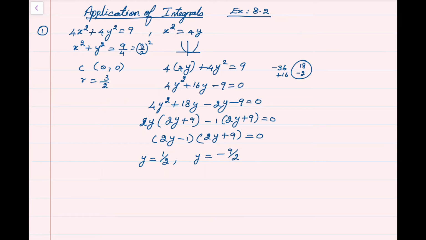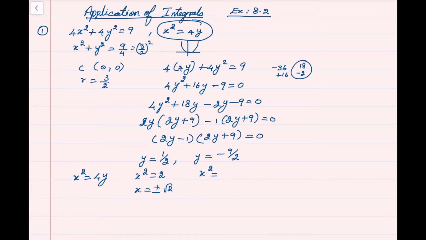Let us calculate the corresponding x coordinates. Both are quadratic in x, so we can use any one of these two equations. Let us use x square is equal to 4y. X square is 4 into half, which is 2. Therefore, x is plus or minus root 2.